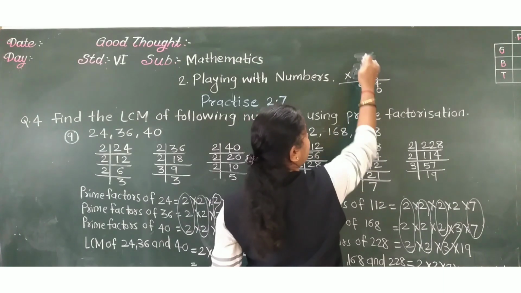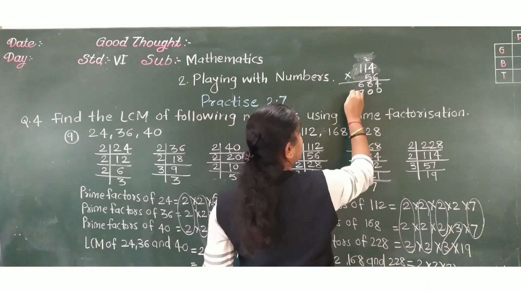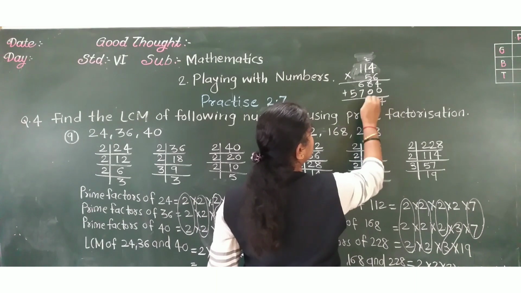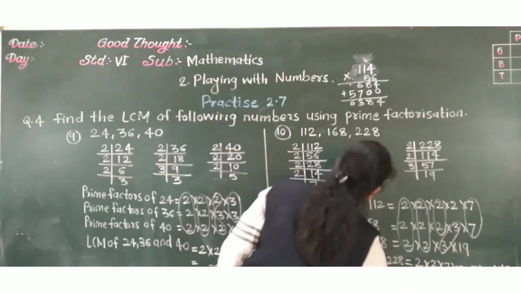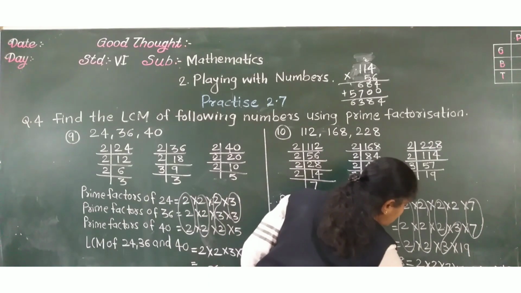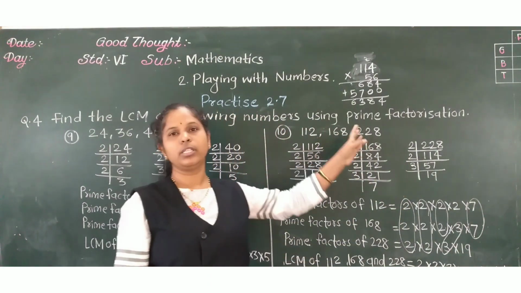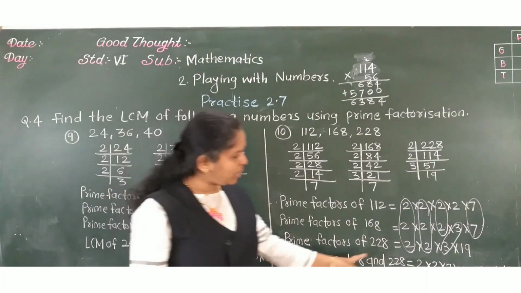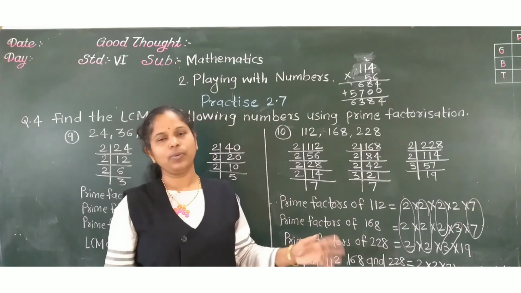Then 5 4s are 20, 5 1s are 5 plus 2 is 7, 5 1s are 5, add. So the answer is 6384. This is the LCM of these three numbers. It's quite a big multiplication, but do it carefully, go step by step, and you will get the correct answer.